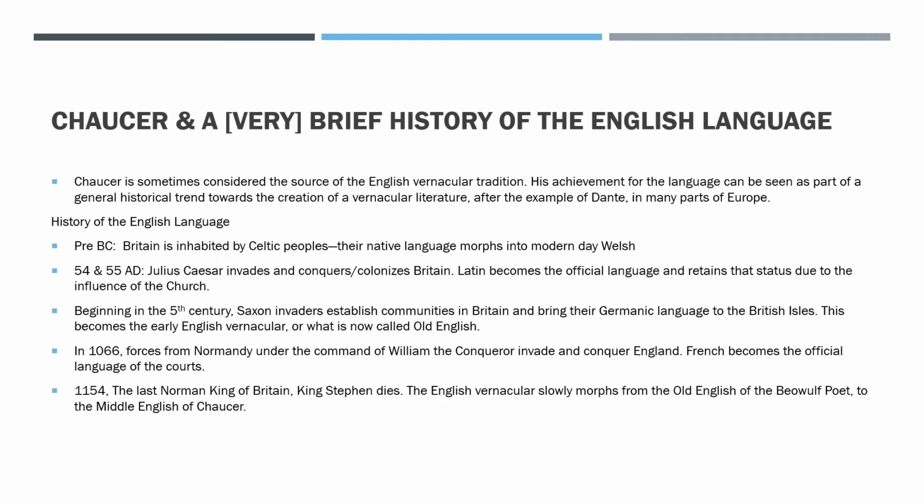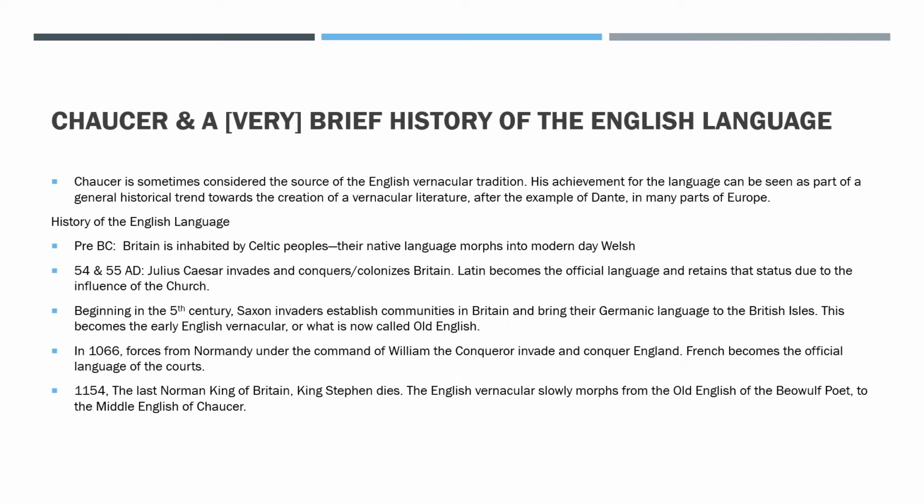But then, beginning in the 5th century, Saxon invaders, these are peoples from Germany, the west coast of Germany, invade and establish communities in Britain, and they bring their own language to the British Isles. This Saxon language becomes the early English vernacular, or what's now called Old English. This is the language of the Beowulf poet.